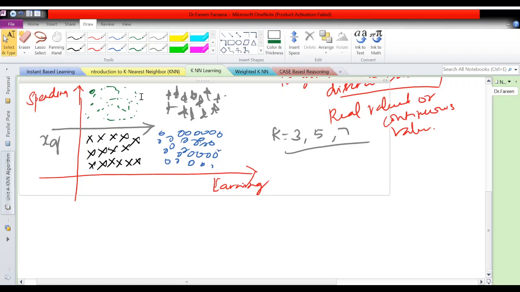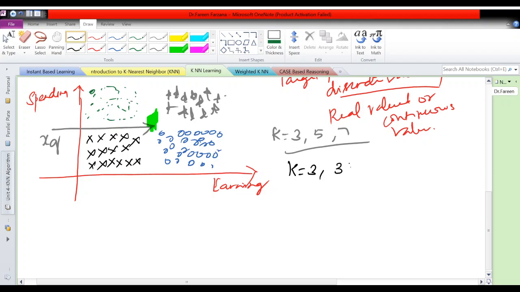Let me put this in a highlighting color. Now I need to classify. I have taken K as 3, so I have to find the closest 3 neighbors. How will I find the closest 3 neighbors?